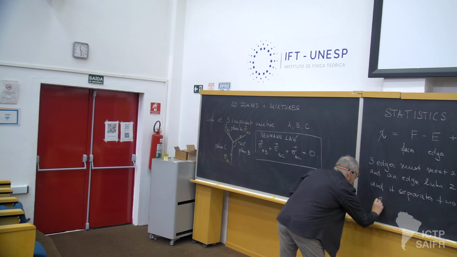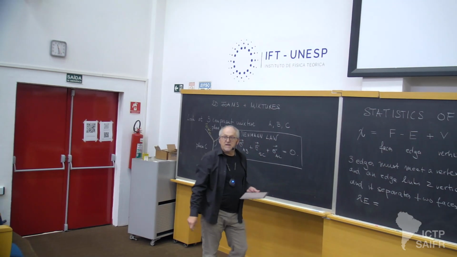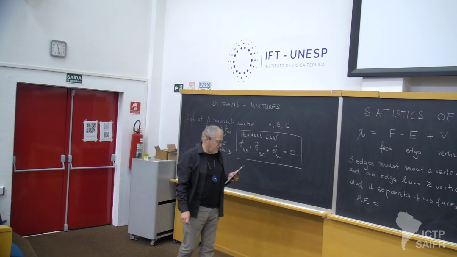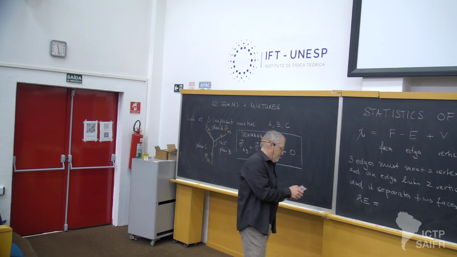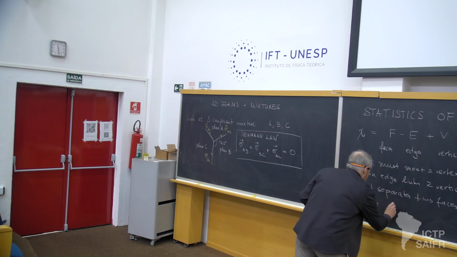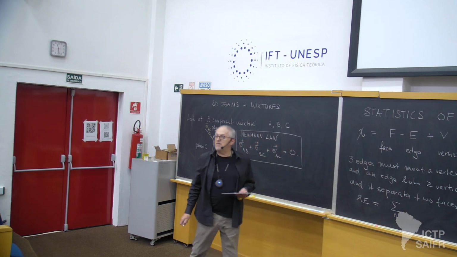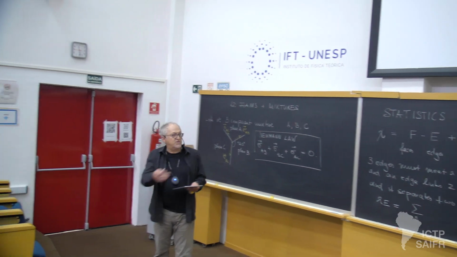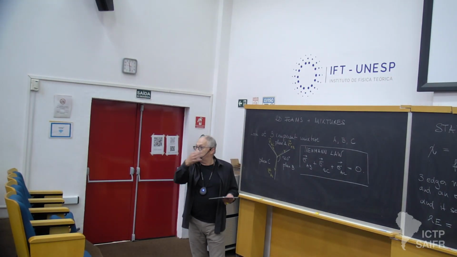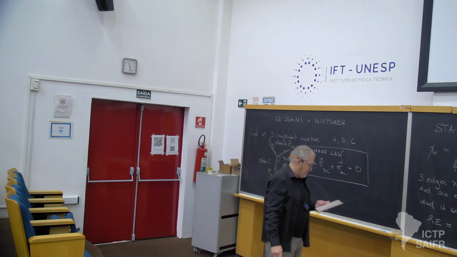And that means if I again make the counting, then twice the number of edges that you have in your system is equal to a sum over all bubbles with different numbers of edges. So 6, 5, 7, for example.